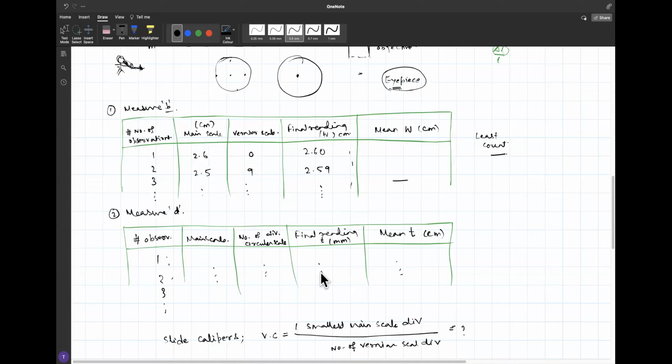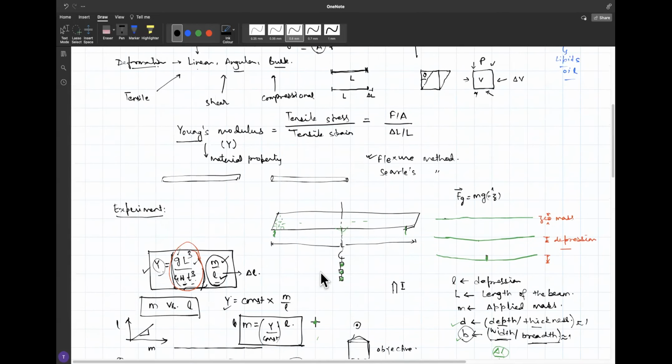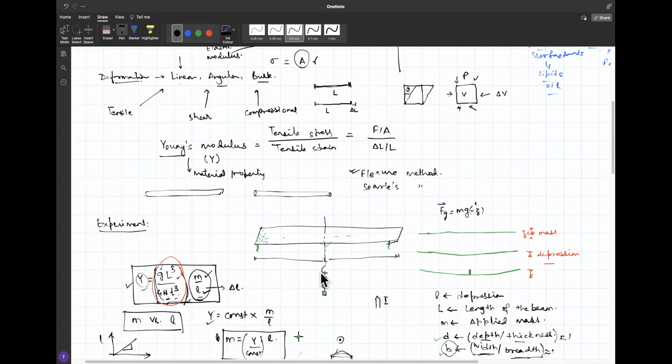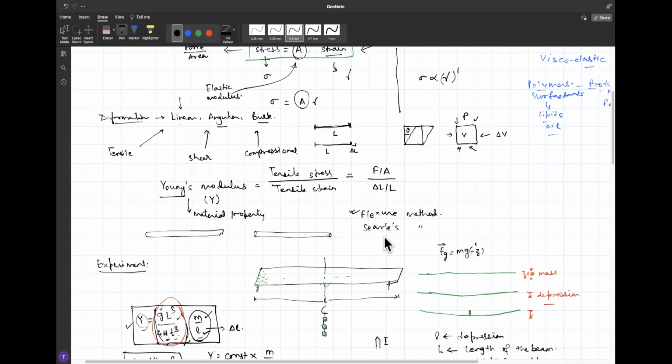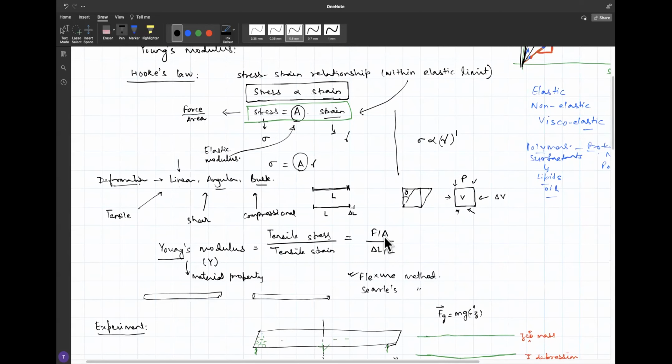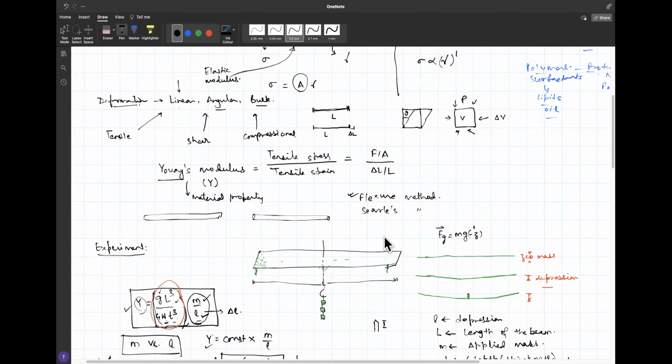Ma'am, why haven't we included the mass of the beam in our calculations? Yes, very good question. The reason is that you assume that the mass is equally distributed, and if the thickness is very small compared to the length, the mass of the beam is very, very small and it doesn't play a role.